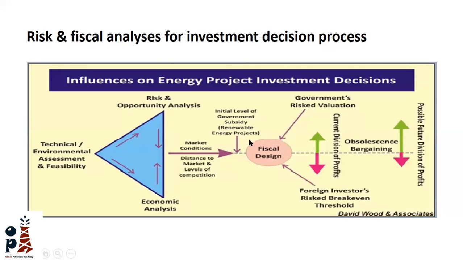The fiscal design is just a contract between the government and the investor. They put together all the risks: the government puts their risks and the investor puts their risks in this contract. Depending on the risk allocation, you split oil between the government and the investor, and with time, in what is called obsolescence bargaining, the multinational enterprise investor's split decreases with time, and the split favors the government.